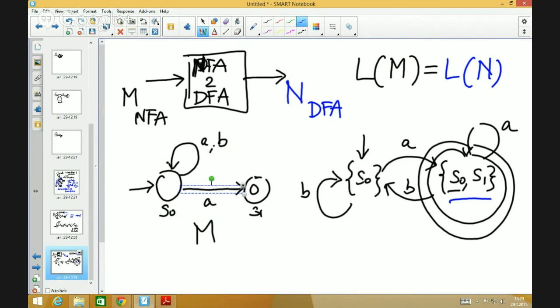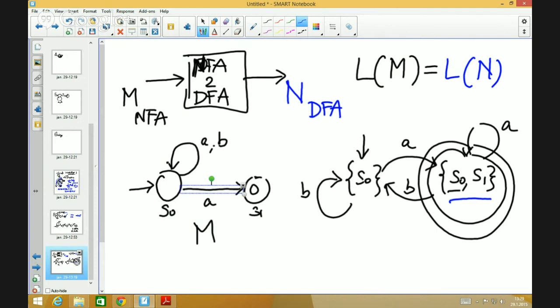So you see, if I start from S0 and I read an A, afterwards I can be either in S0 or in S1. So the set of states that I can reach from S0 by reading an A contains two elements.